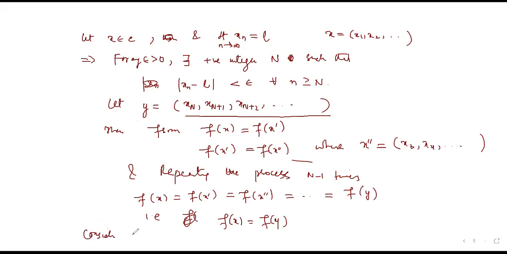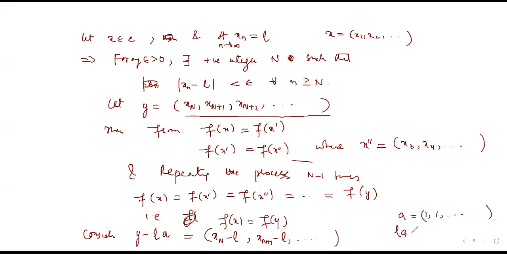Consider this y minus L, ये जो लिमिट है which is a number, into vector a. So it would be equal to x_N minus L, x_{N+1} minus L, and so on and so forth. Now remember that a is just 1, 1, and so on and so forth.